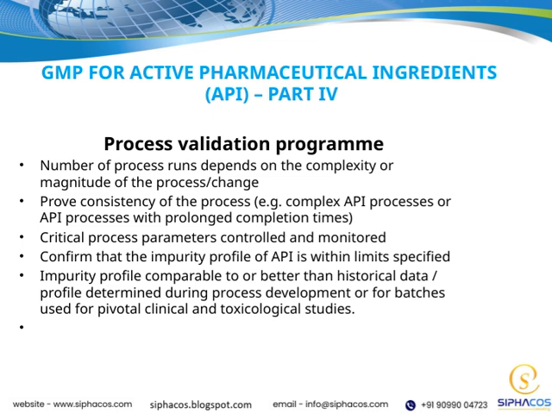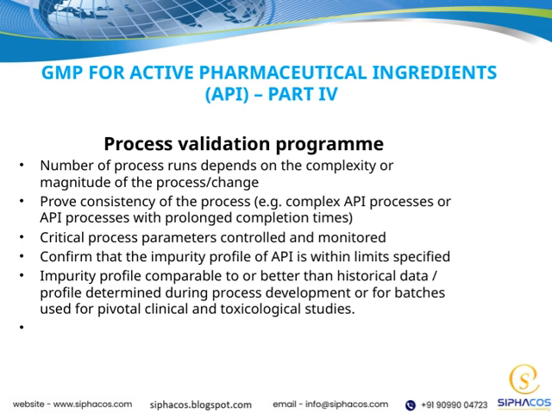Another important aspect is verifying that the impurity profile of the API stays within the specified limits. This isn't just about meeting regulatory requirements, it's about ensuring safety and efficacy. We also compare the impurity profile to historical data or profiles established during development or for batches used in pivotal clinical and toxicological studies.